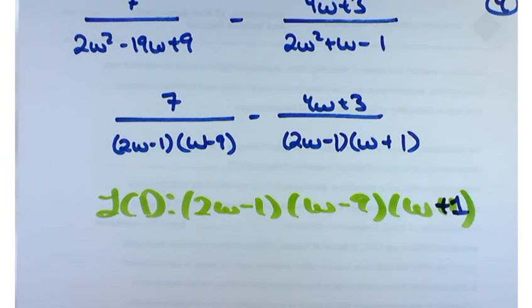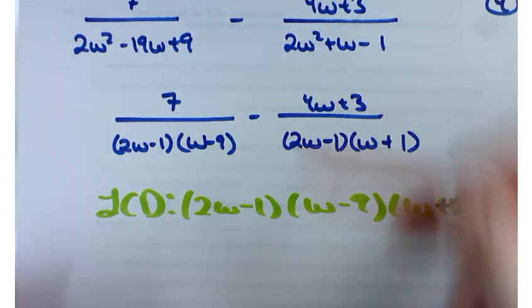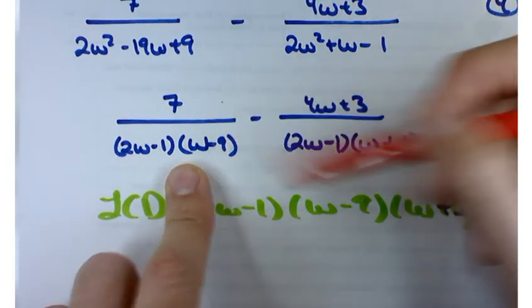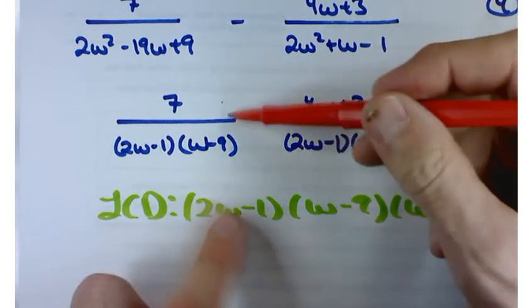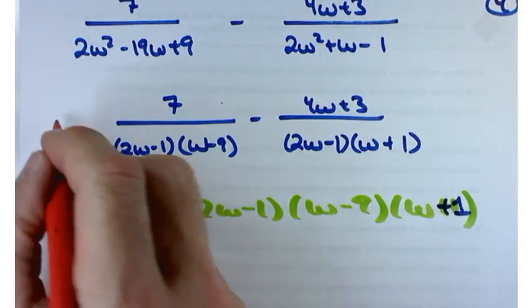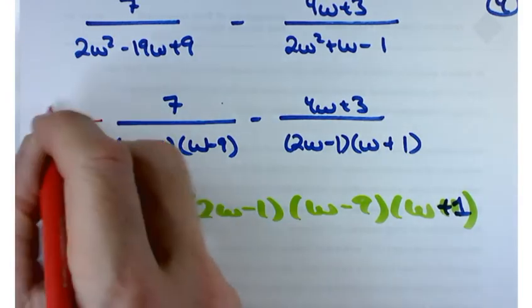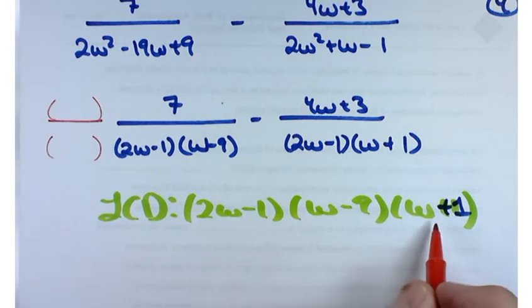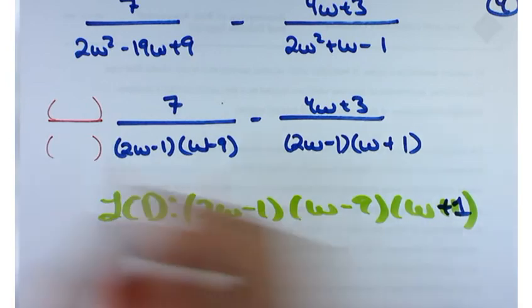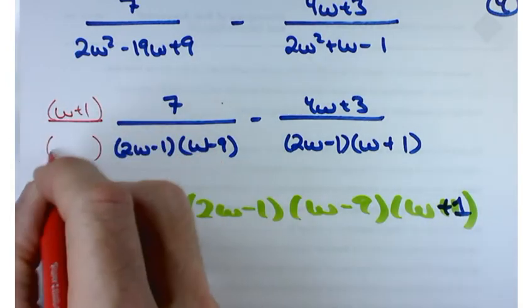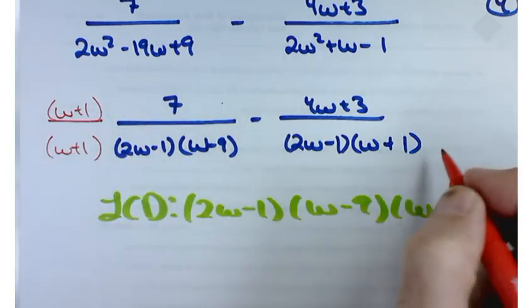Brandon, what am I missing from the first one that I have as part of my LCD? Plus 1. Yeah, w plus 1. Thank you. W plus 1, w plus 1. Cool.